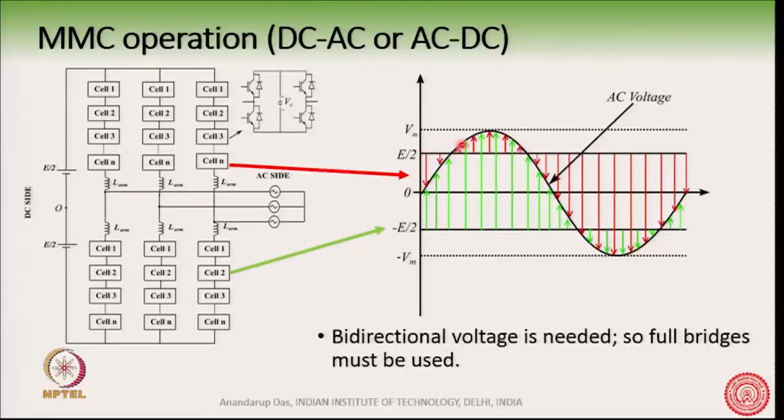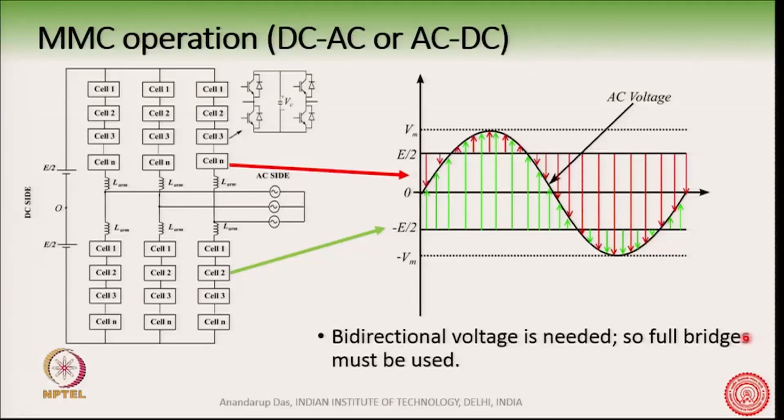So, if there are n such full bridges, it can produce plus nVc to minus nVc. So, in this waveform, we see that the bidirectional voltage capability of the arm is needed when the DC bus has a magnitude less than the peak AC voltage.